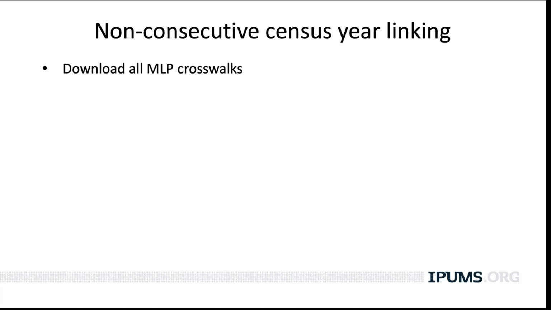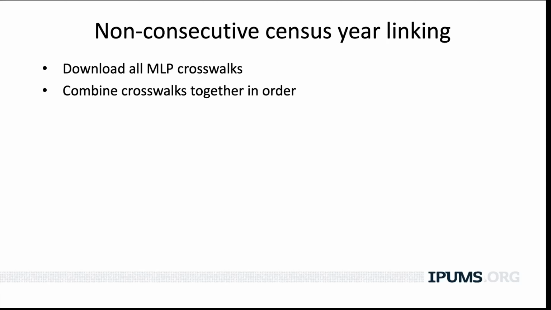The first step we recommend doing for this is to download all the MLP crosswalks. Depending on which years you're interested in linking, you might not need all the crosswalks, but for ease of explanation, I think it's easiest to download all of them and have them available. And once you download the MLP crosswalks, you need to combine them together in order of the years.